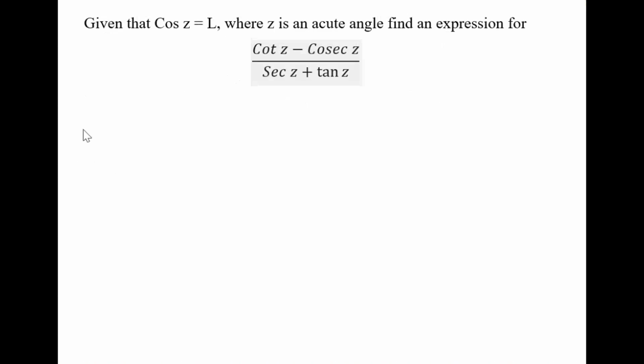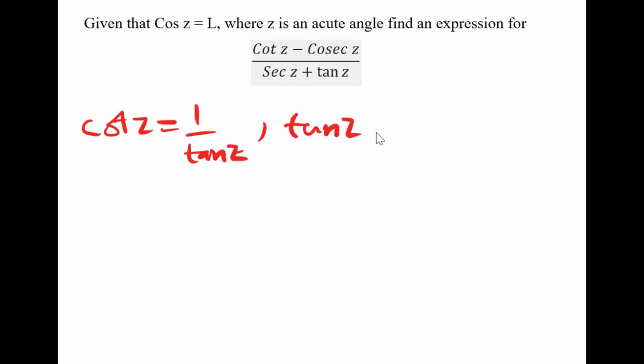The first part of our numerator is cot z, and we already know that cot z is the same thing as 1 over tan z. But remember, tan z is the same thing as sin z over cos z.